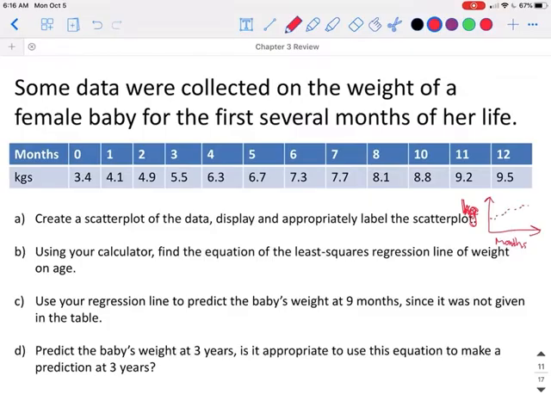And then you would create your scatter plot. From there, you're going to use this to calculate your least squares regression line. Remember, you can do this on your calculator. You would hit Stat, go over to Calculate, and you would go down and select the linear regression a plus bx.